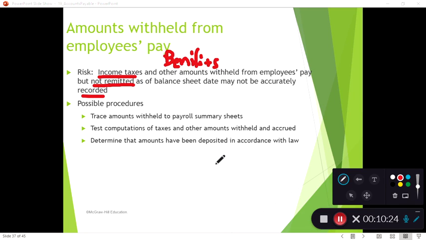And so there's going to be some documentation related to the payroll process that they'll be able to trace those amounts from paychecks to the summary sheets. Also do some computation testing where you're basically going to recalculate taxes and other amounts that are withheld and make sure that those amounts, when it's saying deposited here, it means deposited with either the IRS or the benefit providers, right?